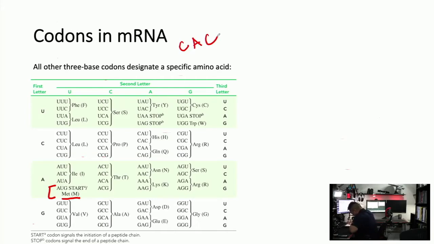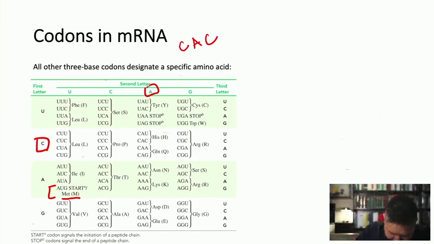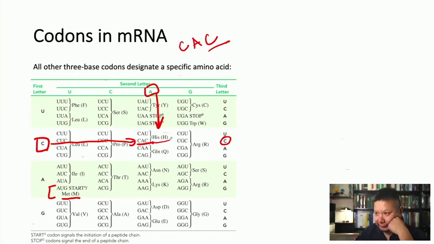The first thing you do is find the C, which is here. Then the second letter is here, A. So now I've gone over here and then go down here. And then the third letter, which is C, right there. And so the codon CAC codes for the amino acid histidine. So that's how you use this chart.